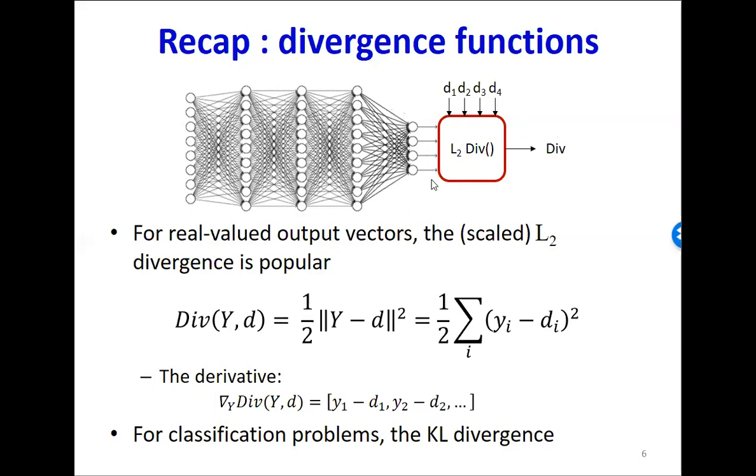The network has many outputs. So the derivative of this divergence is going to be a vector. And the ith component of this vector is going to be the derivative of this with respect to y_i, which is simply going to be y_i minus d_i. You just work out the derivative. This is what it comes out to be. It's going to be the error in predicting the ith component.